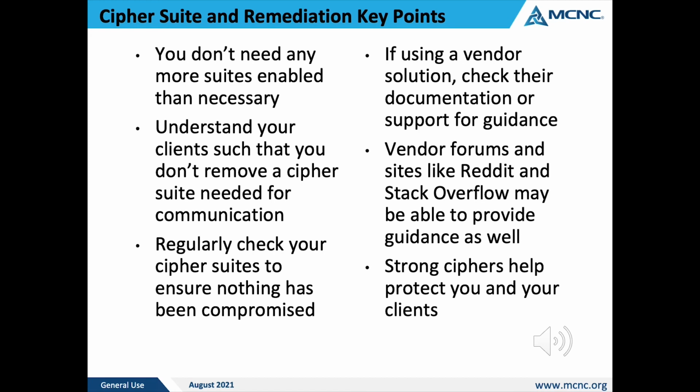Also, try to understand your clients such that you don't remove a Cipher suite needed for communication. If you're working with a business-to-business connection or some legacy system, it may need some of those Cipher suites that we're not happy to implement. However, we have to implement them. And when we engage those systems, we can look at other ways to work around them.